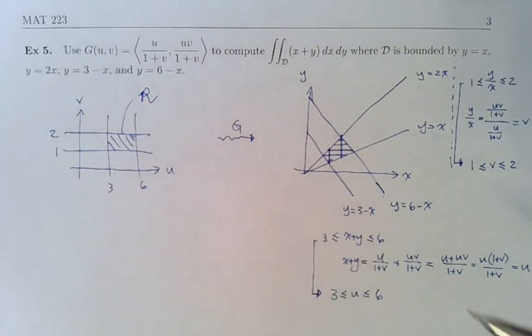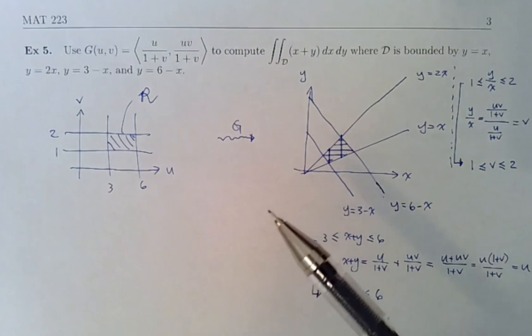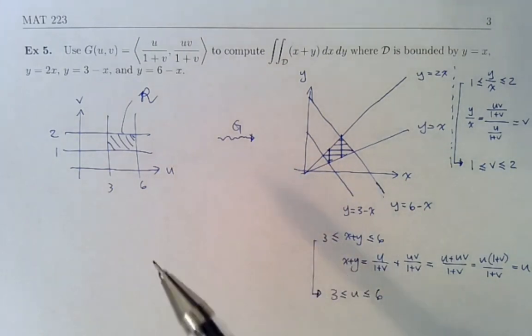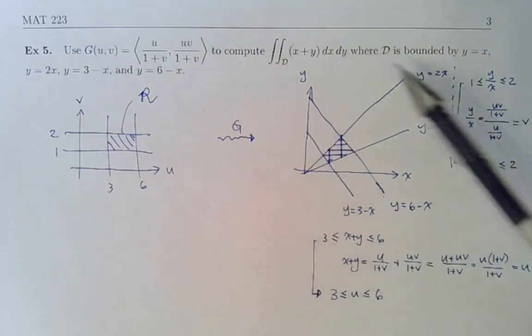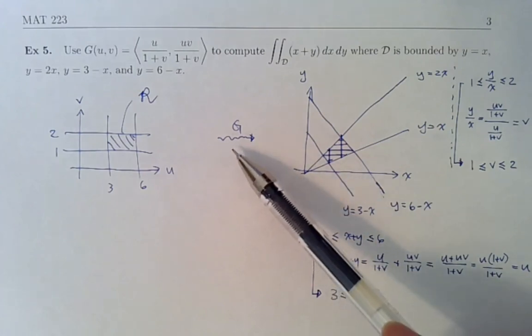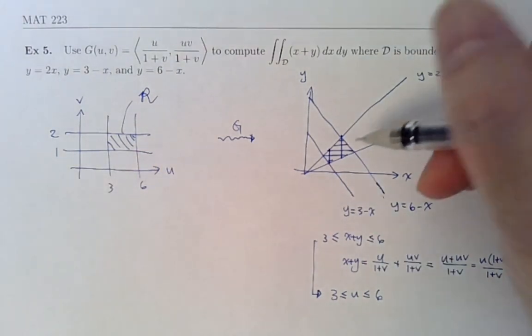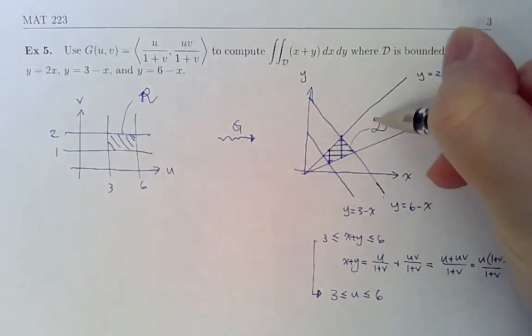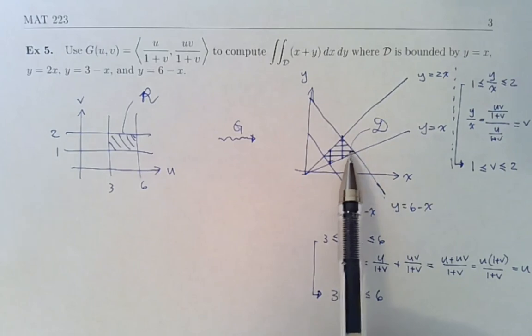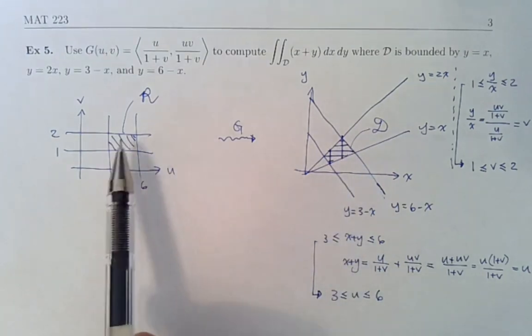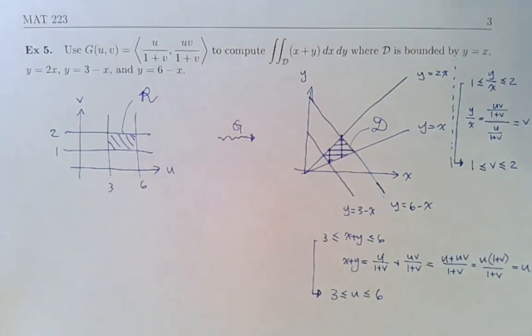I want to emphasize one more time that this map seems to be going backwards. We start here, and then we have this map, and we have to reverse engineer what the region R is, because we're given this region D. We are given this region, and we have to go backwards to find that other region.